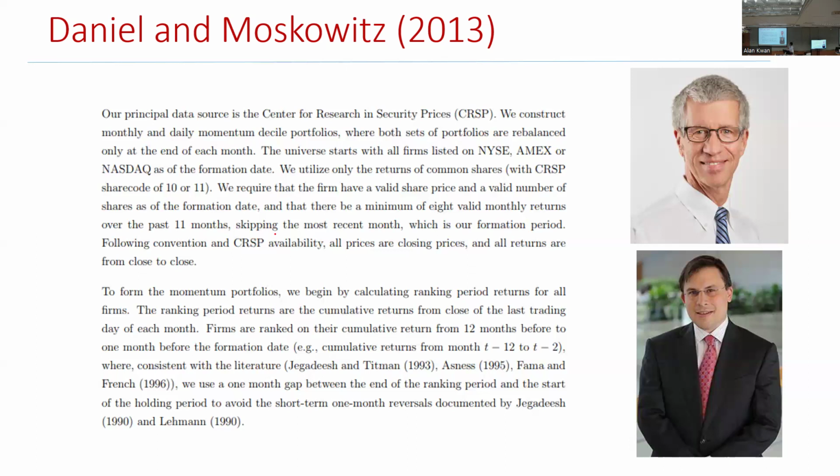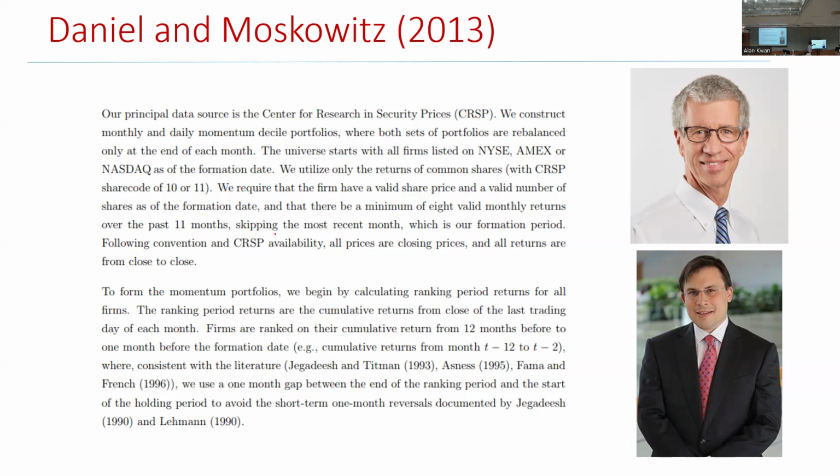I'll show you how to do that very easily. And then they have this requirement of none-missing data. If you're calculating returns over an 11-month period, they want 8 of the months to not be missing. This one doesn't really matter. If you ignore it, it doesn't matter. You can have 11 months none missing. 8 is just some number they made up. It doesn't really mean anything.